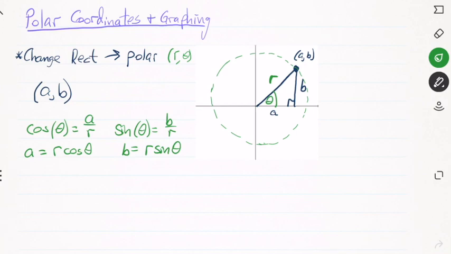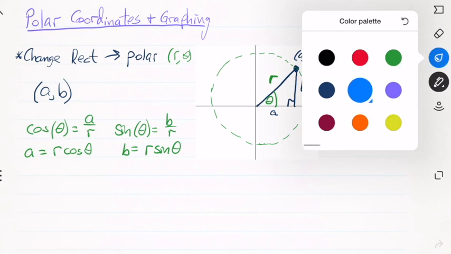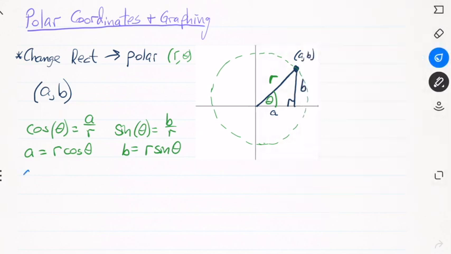And then this radius just gets multiplied in there, and it gives us our new x and y coordinates. So a relationship that we can use is that the x coordinate is the same thing as r cosine theta, and the y coordinate is the same thing as r sine theta.